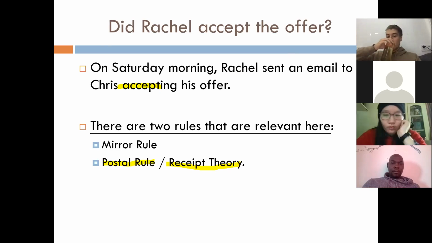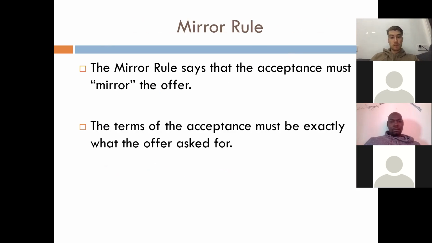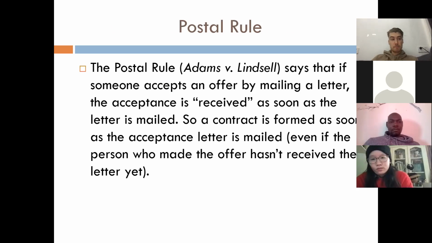So I'm going to expect you to be able to tell me the definition of acceptance, the test for acceptance, and then the mirror rule, the postal rule and receipt theory are probably the three things relevant here. So what is the definition of acceptance?